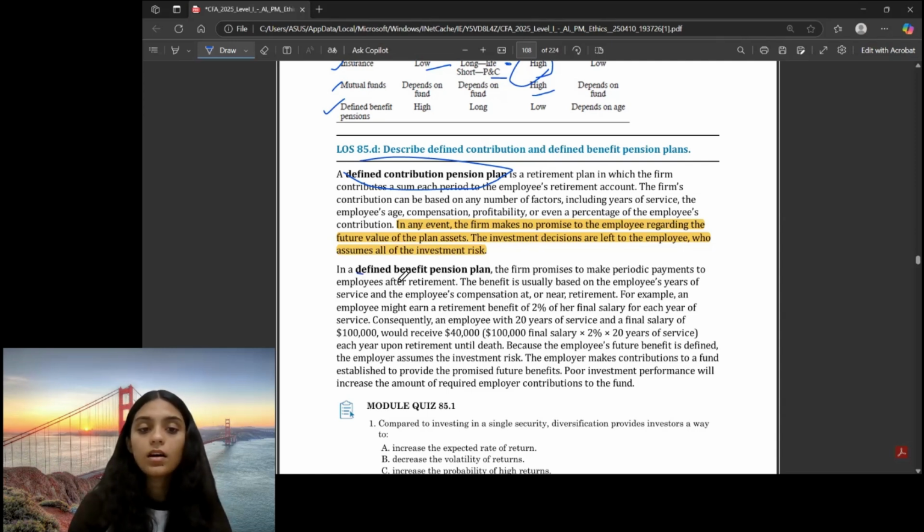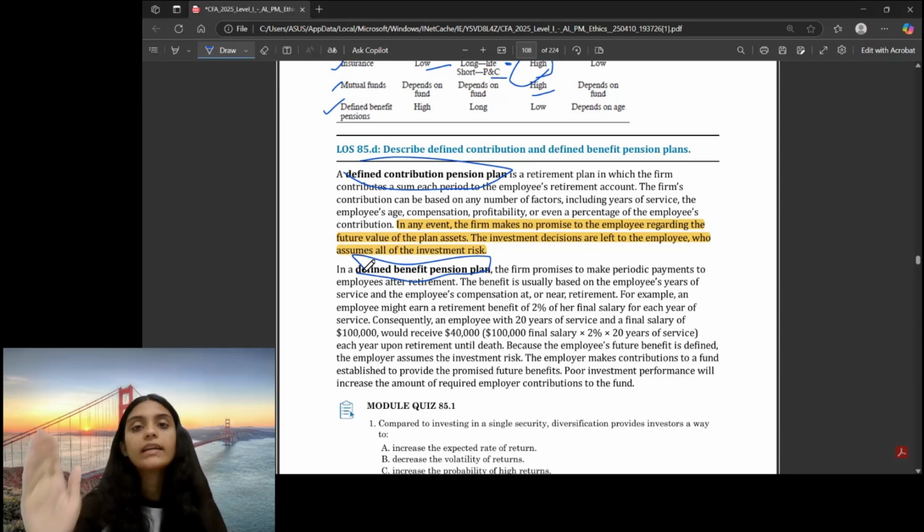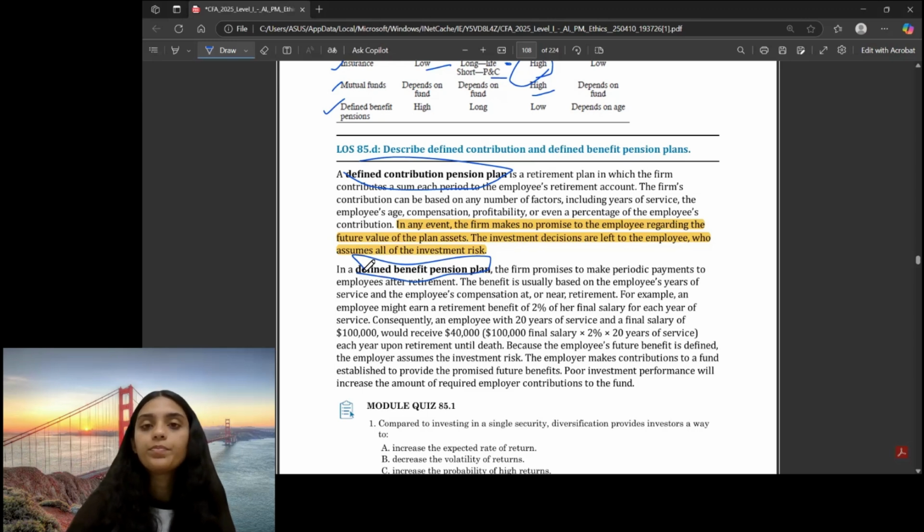What is a defined benefit pension plan? In this, your employer takes the full responsibility of the payment. For example, after you retire, you get, suppose, 10,000 rupees per month, continuously after retirement. The investment decisions for this fund are usually taken by the fund manager or the employer.